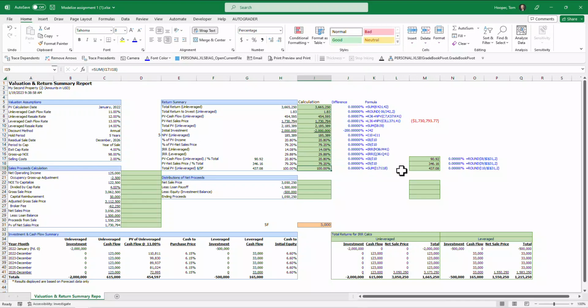I don't know if those are exactly the right formulas to use in here, but hopefully this conversation has given you an idea of what each one of these items is supposed to mean. And I'm probably hitting up on the limits of a long video, so I'm going to stop and save this as part 1, and that'll be the return summary, and then I'll do a second video on this other part.